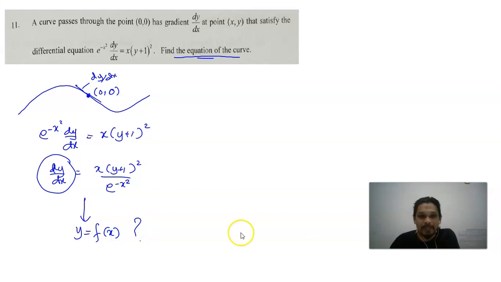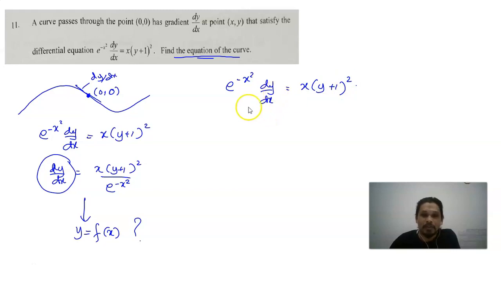You get it? Okay, now from the equation given, e to the power of negative x squared dy/dx equals x times (y plus 1) squared.